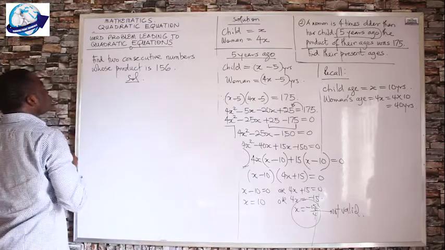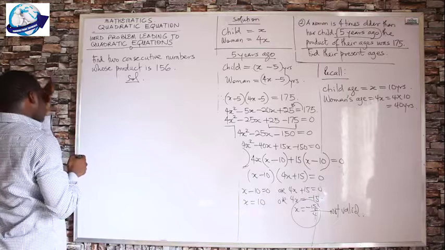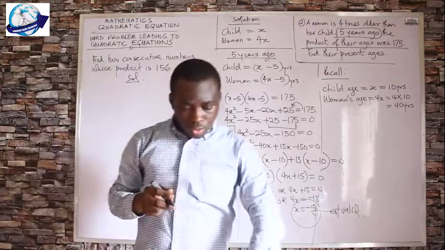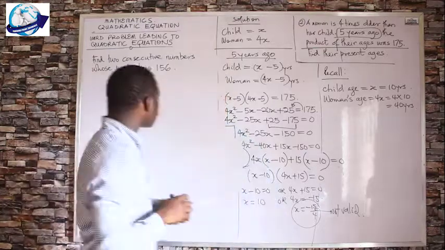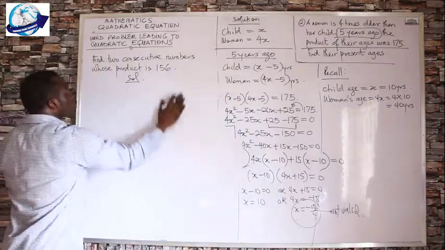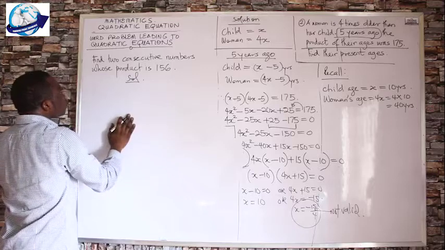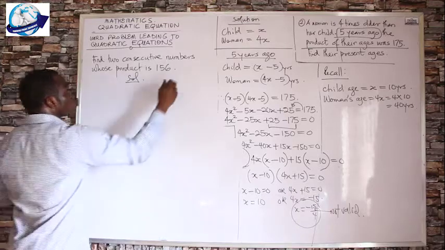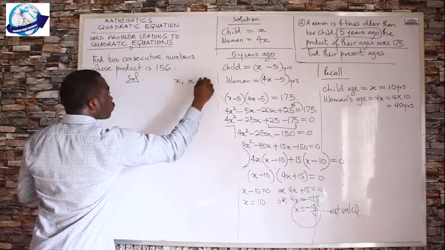Very simple. Find 2 consecutive numbers. Is that numbers or odd numbers? 2 consecutive numbers. Okay, that's very clear. So now what do I do from here? 2 consecutive numbers whose product is 156. Then you know what to do. I said consecutive numbers, so you just say x, comma, x plus 1. That's 2.